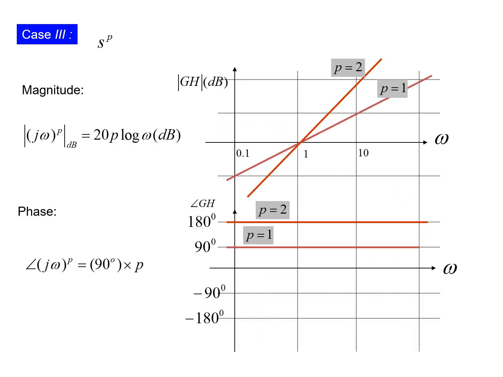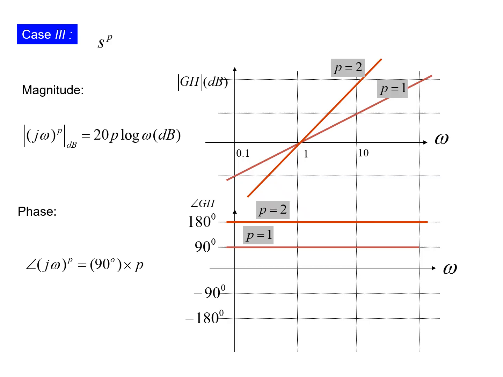Okay, for case 3, it is s power p. The magnitude is the absolute value of j omega power p. It is equal to 20 p log omega. If we see here, that is the plot. This plot is for p equal to 1. This is the plot for p equal to 2.